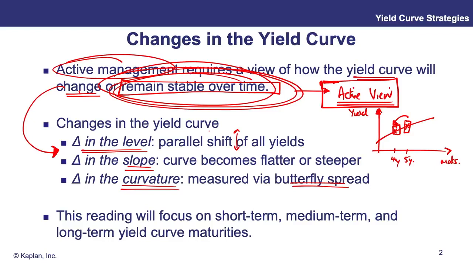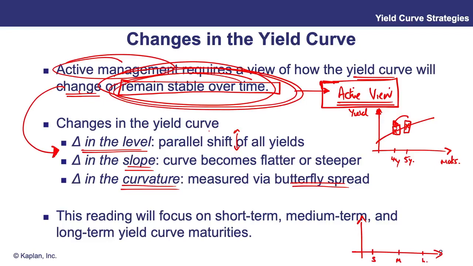Now, like we've been doing in the LDI reading when we're talking about structural risk, we're going to focus on taking positions in our portfolio at the short term, medium term, and long term maturities. So short is over here, medium term is here, and long term is over here. I might refer to these as short dated cash flows, medium dated cash flows, and long dated cash flows.